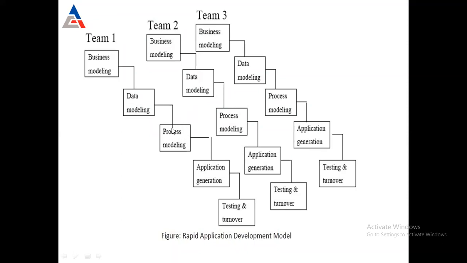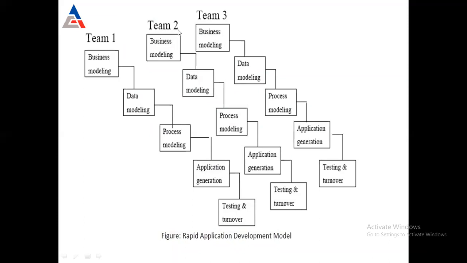Similarly, in process modeling, customer is involved in development as well as the software developer. Application generation, customer is there as well as the software developer is there. And finally, in case of testing, again, customer is involved over here as well as software developer is involved over here. It means in each and every phase, the customer is involved over here.